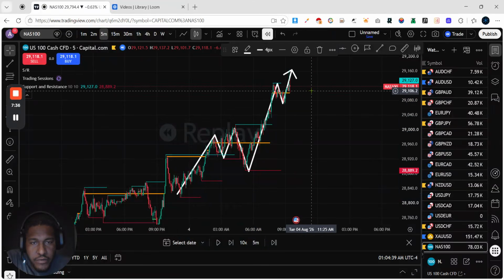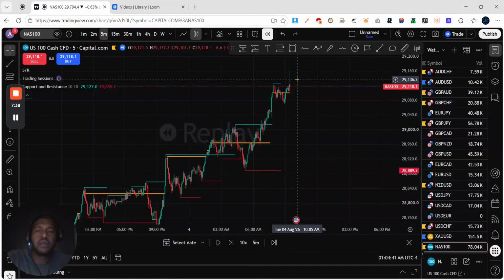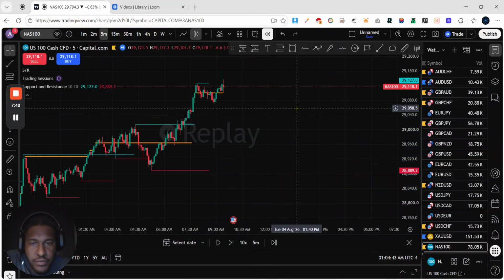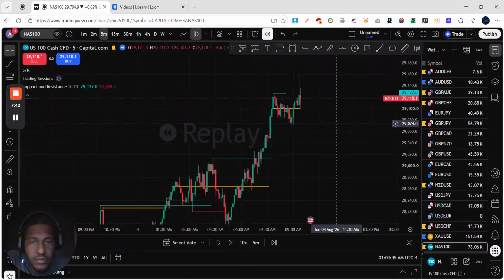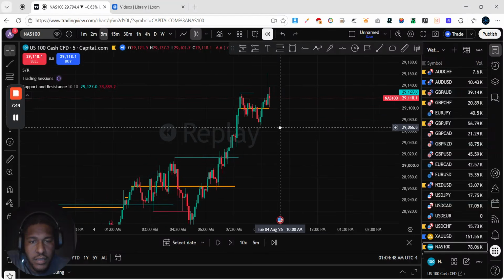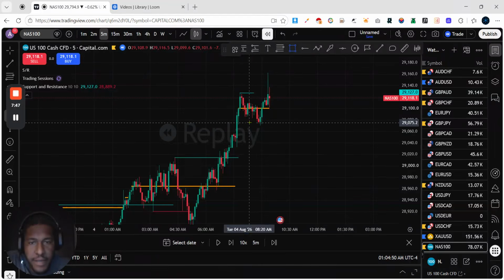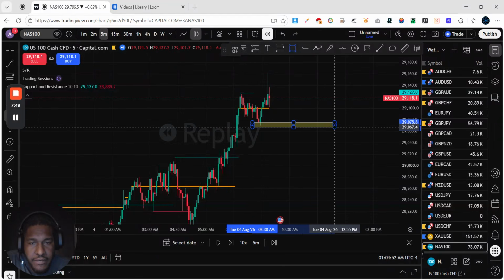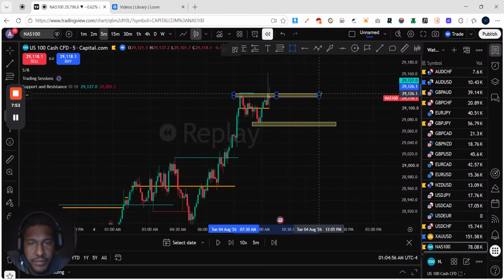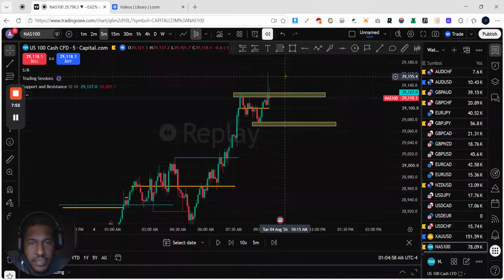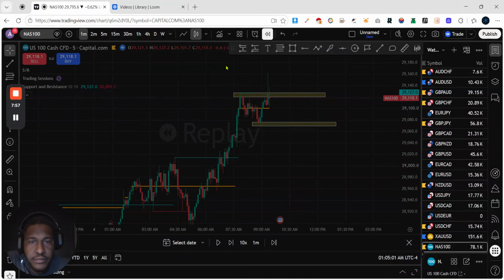So what I'm looking for is, I'm looking to buy. I'm not going to sell this. I'm going to buy from this point, or I can buy from this point. I need to see a nice engulfing candle.